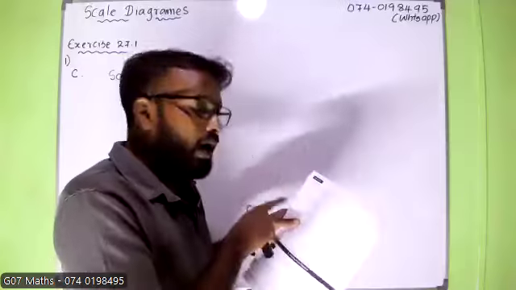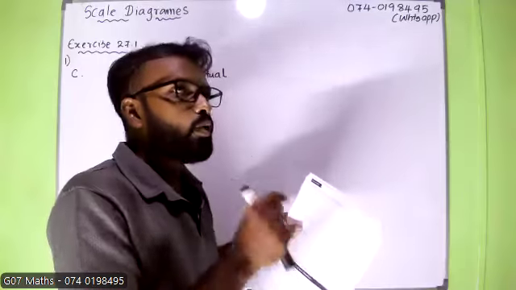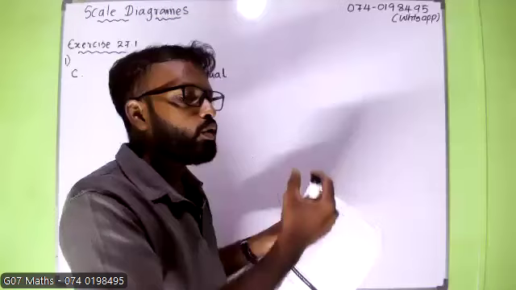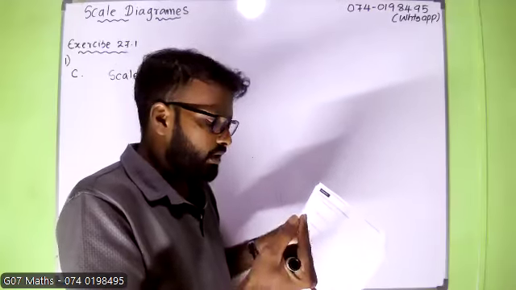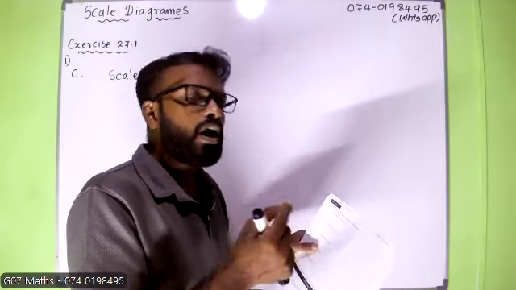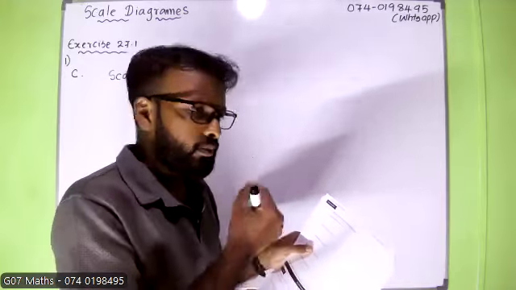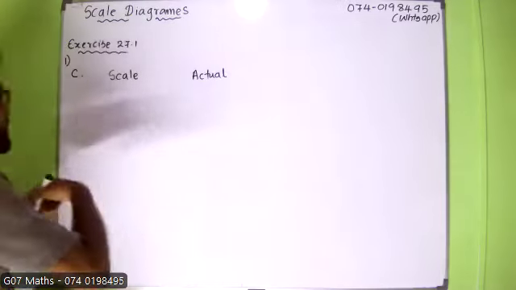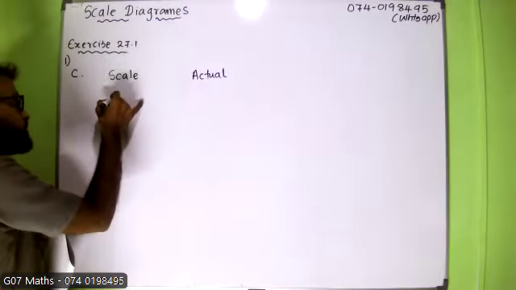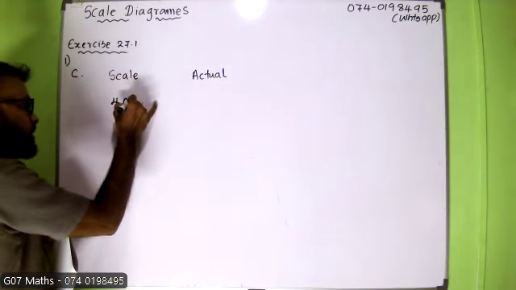So part C, representing 1 meter. I am going to represent 1 meter, that means 1 meter is the actual length. I am going to represent 1 meter by using 4 centimeters, so my scale length is 4 centimeters.